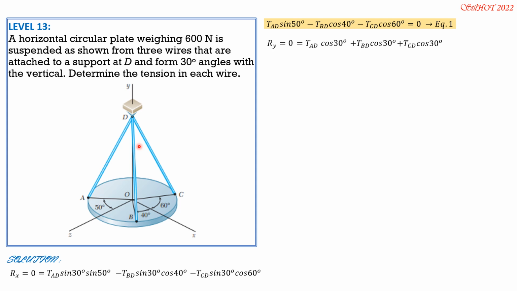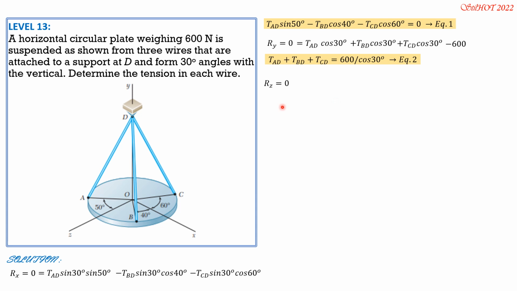Then minus the weight, 600. So divide everything by cosine 30. So simplifying tension AD plus tension BD plus tension CD equals 600 over cosine 30. Call that equation 2. And finally, Rz is 0.